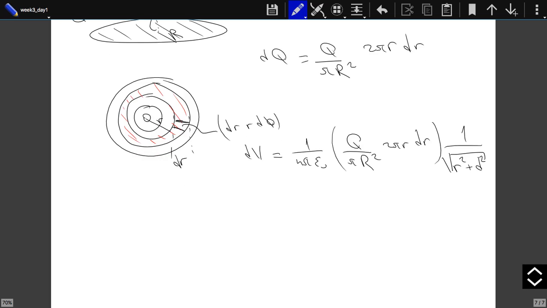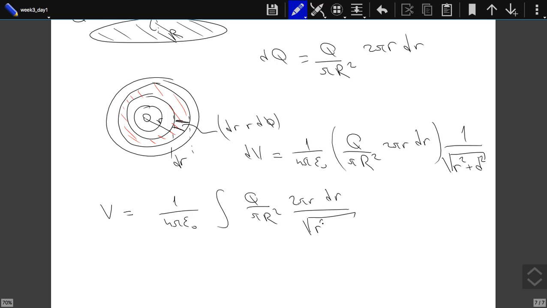Now we can just sum all these contributions from the rings. So V will be equal to 1 over 4 pi epsilon 0 integral of q over pi r squared, 2 pi r dr, divided by square root of r squared plus d squared.